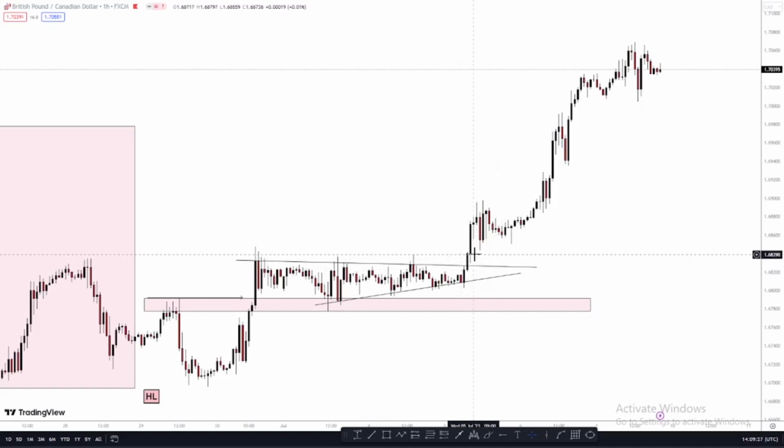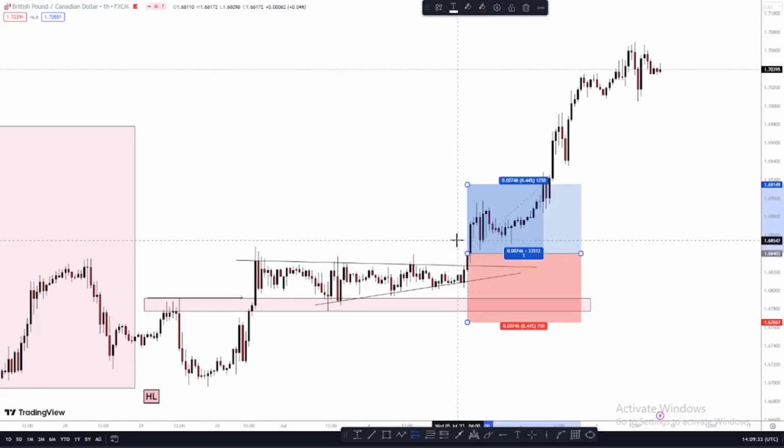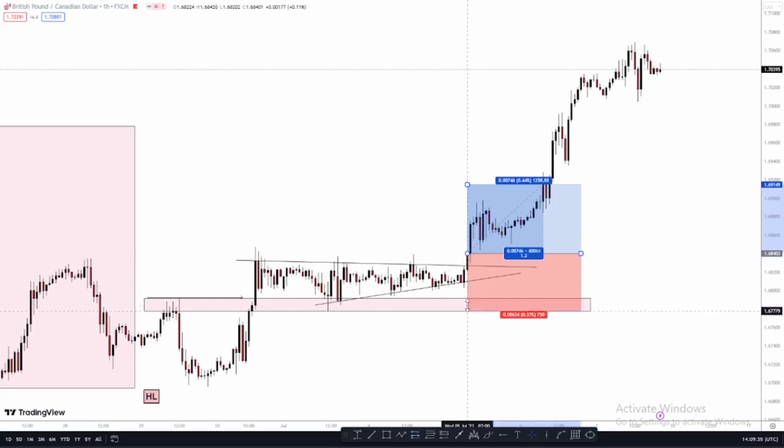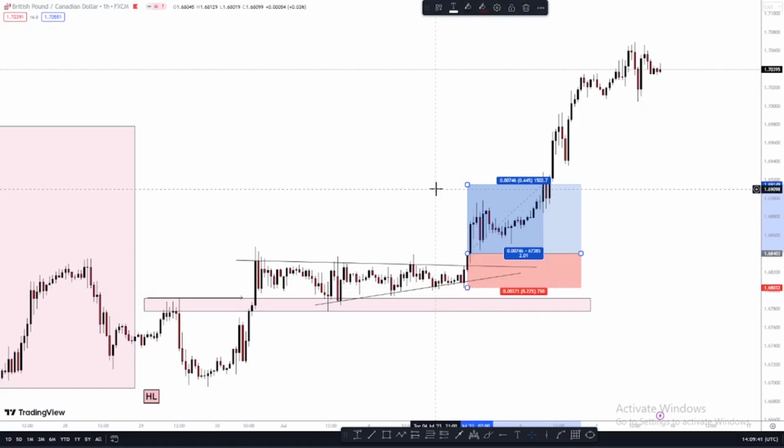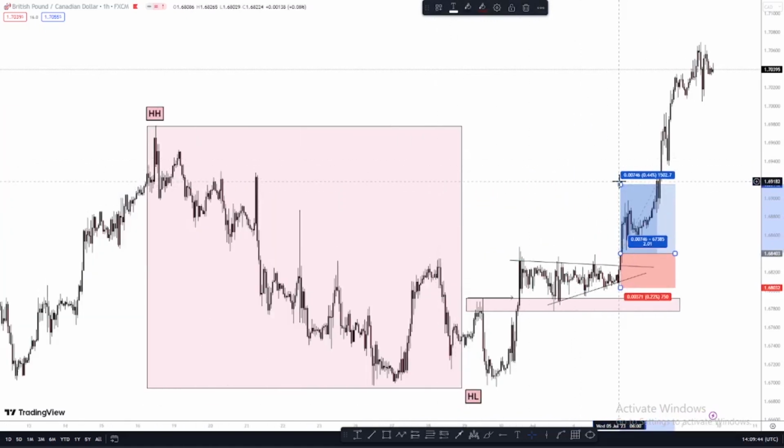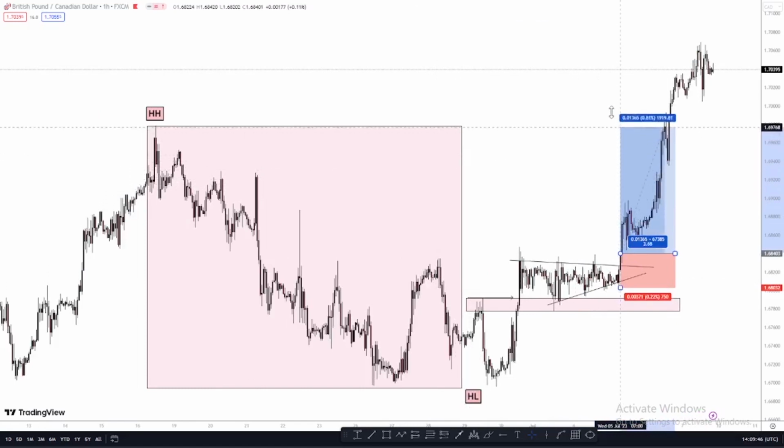As soon as I saw price close with this bullish momentum candlestick, that was when I entered my trade for longs or buys. I placed my stop loss right below this candlestick, and my take profit at this H4 higher high level. As simple as that.